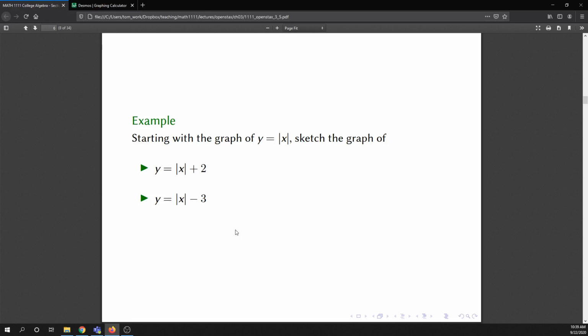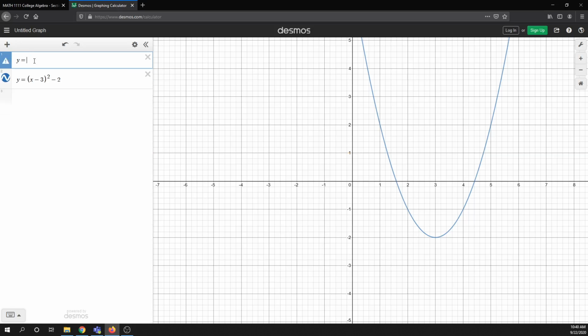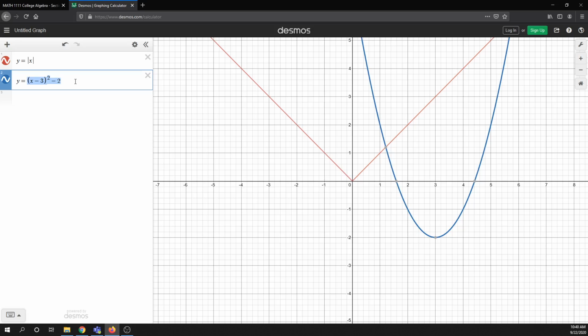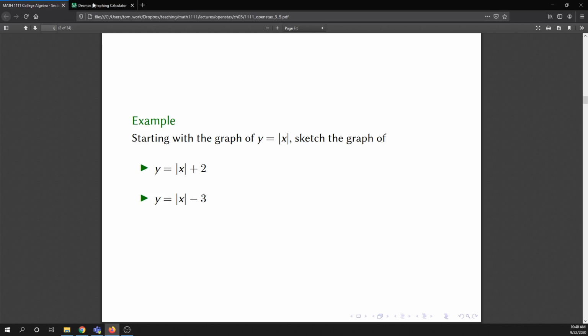All right, so let's take a look at this graph right here. Starting with the graph of y equals the absolute value of x. I want to sketch the graph of y equals absolute value of x plus 2.